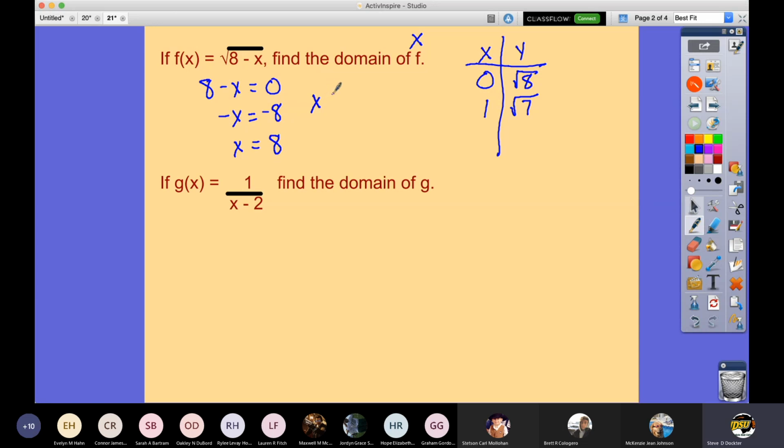So for our domain, we would say x is less than 8. But it can also equal 8, right? 8 minus 8 is 0. Square root of 0 is 0. So the domain for this one is x is less than or equal to 8.